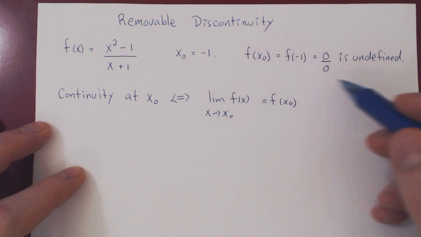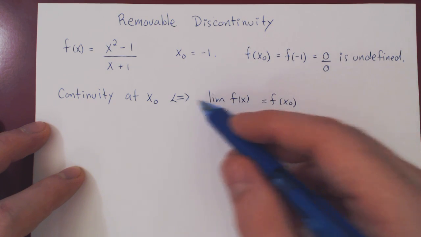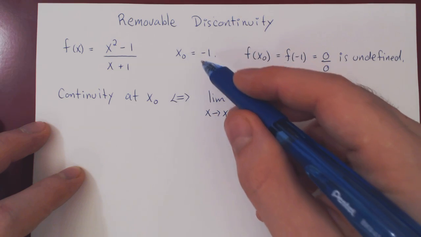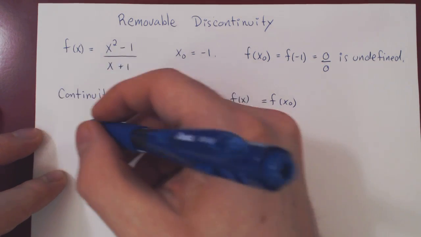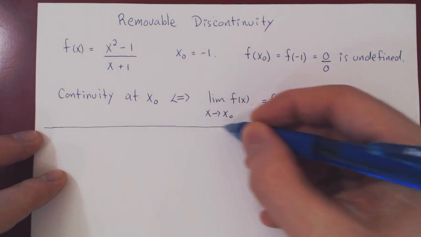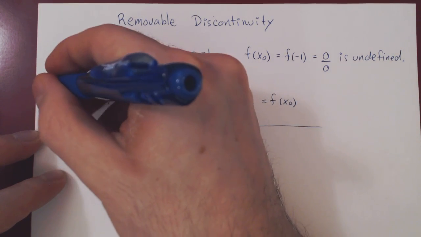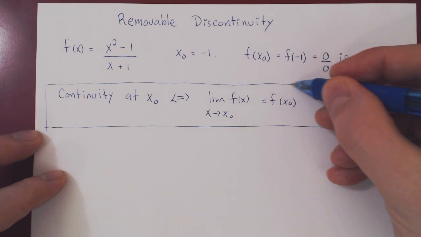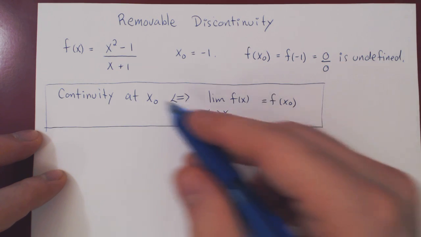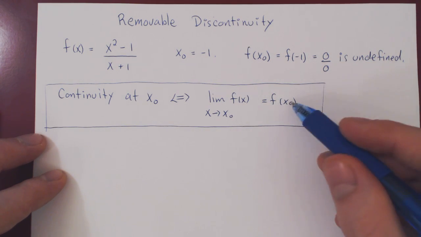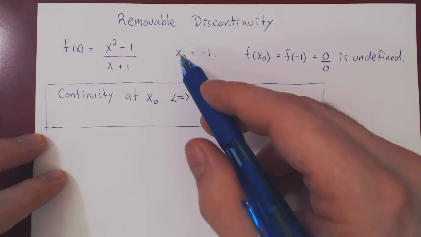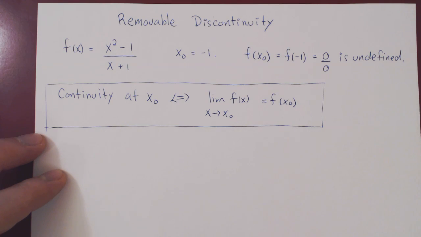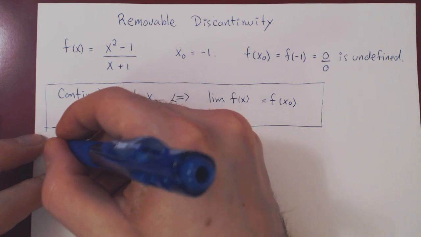Here, f of x0 does not exist, so right away, x0 being negative 1 is a point of discontinuity. This was simply a reminder of continuity. So f of negative 1 is undefined, so negative 1 is a point of discontinuity.